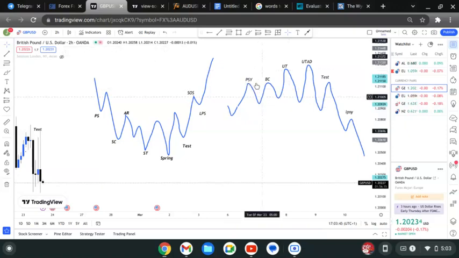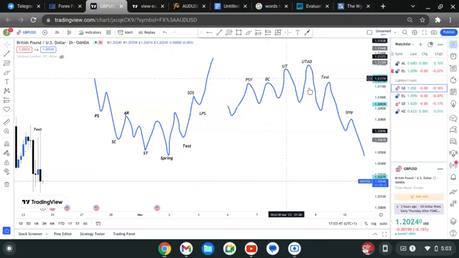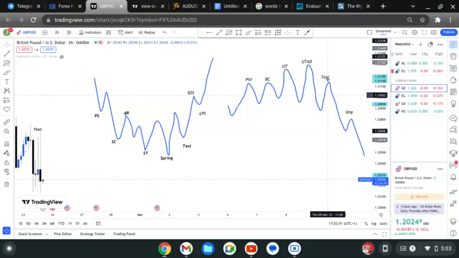So yeah, we see here the preliminary supply, buying climax, the UT, UTAD, test of that UTAD, LPS, and we have the markdown. And don't really get too caught up with the labels or the names and all this stuff.